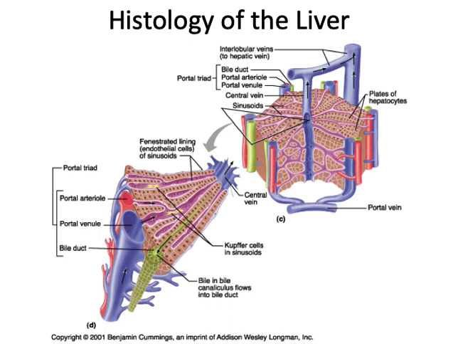Let's look at this in a little bit further detail using another diagram. So we've got the 5 or 6-sided shape here. You can see the hepatic artery coming from the aorta, supplying our oxygenated, oxygen-rich blood.